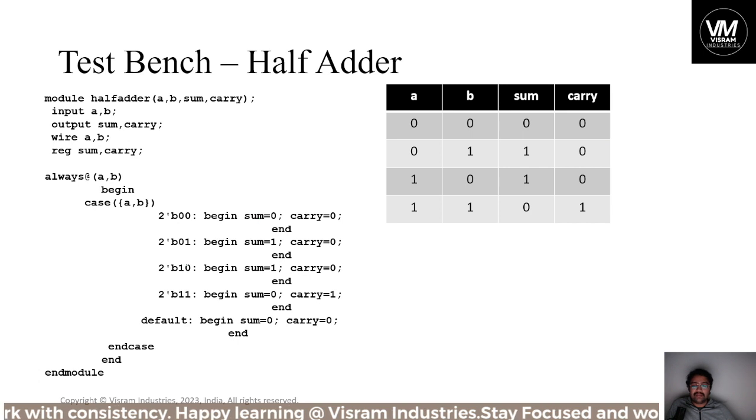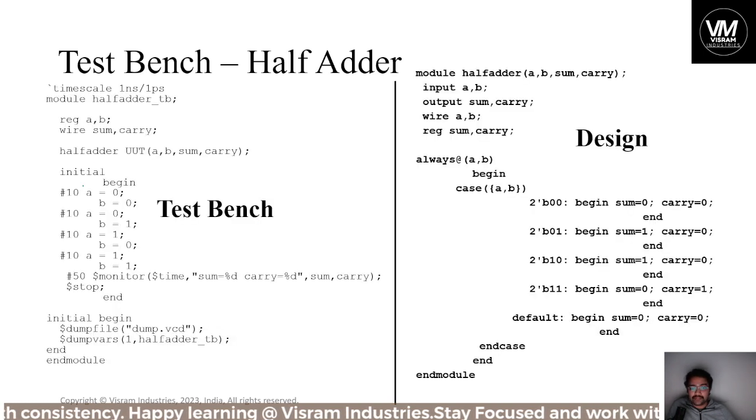But we need to write a test bench for it. For the test bench, consider the design on the right side in EDA Playground, the environment on the website. You can see this module half adder and its inputs and outputs, whatever design you write. But for the half adder, we have to give the inputs to test it.